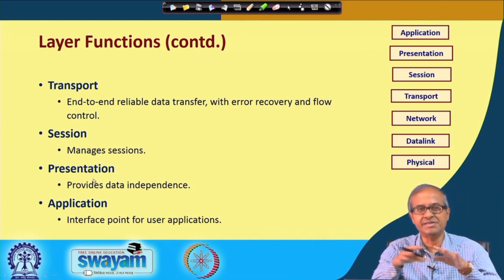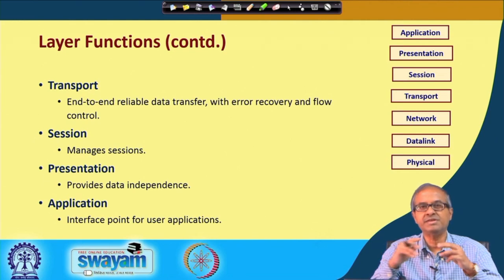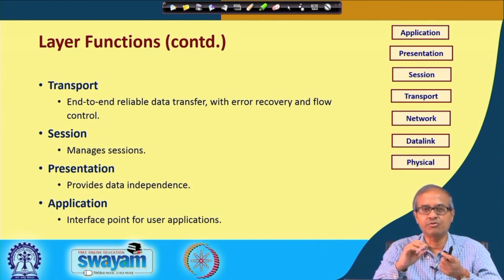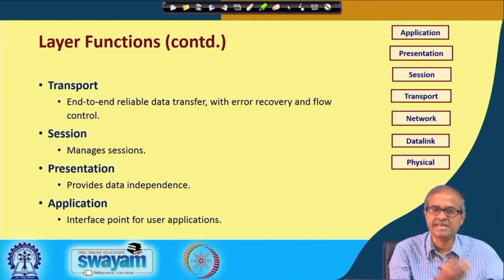Presentation layer is an optional layer, of course. Sometimes if you are using some kind of codes which are not compatible, you can do some code conversion, some error detecting and correcting code, some encryption. You can add something extra in this presentation layer before you transmit the data.